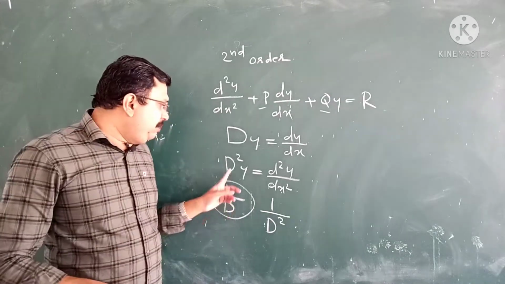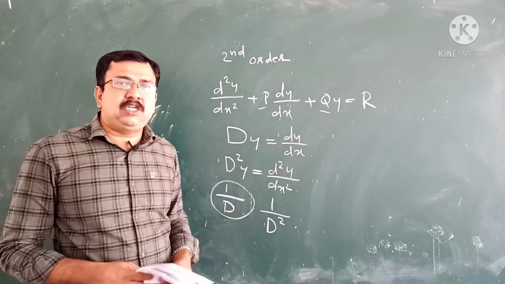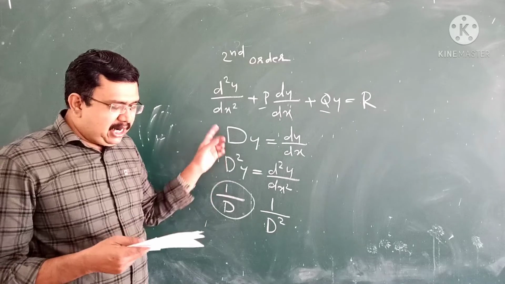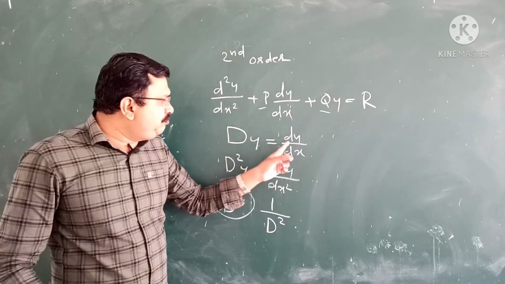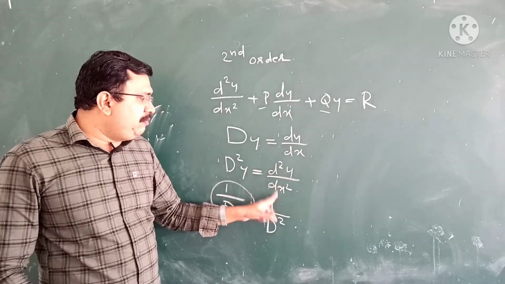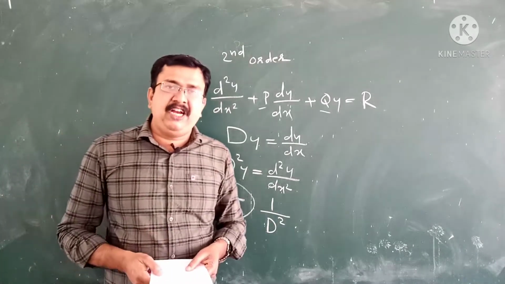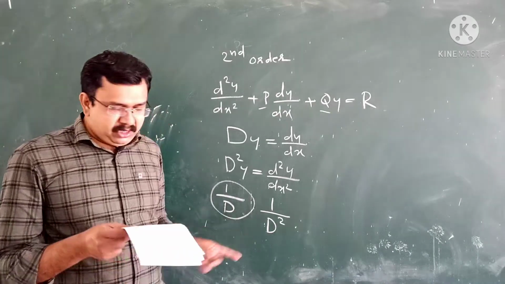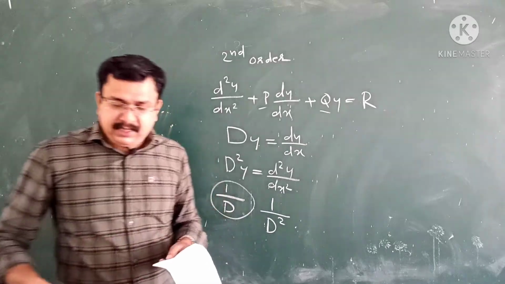So 1/D means integrating one time and 1/D² means integrating twice. The symbol D is called the differential operator. Dy means dy/dx and D²y is d²y/dx². 1/D stands for integration and 1/D² stands for integrating twice.